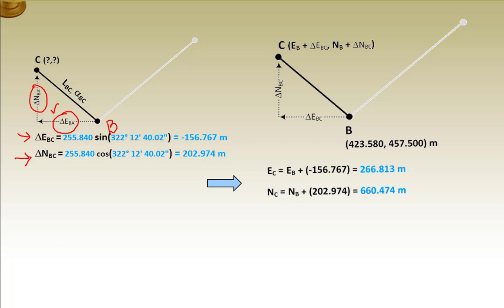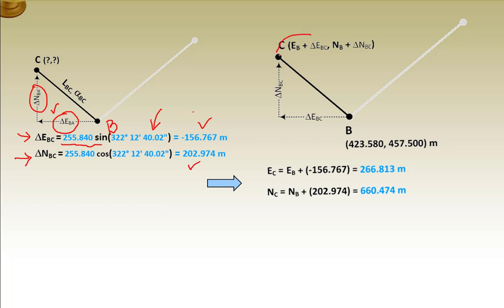Delta E BC equals the length of the line, which is given to us as 255.84 meters, multiplied by sine the azimuth of the line BC, which is 322, 1, 40.02. This will give me a negative 156.767, and the latitude will give us a positive 202.974.